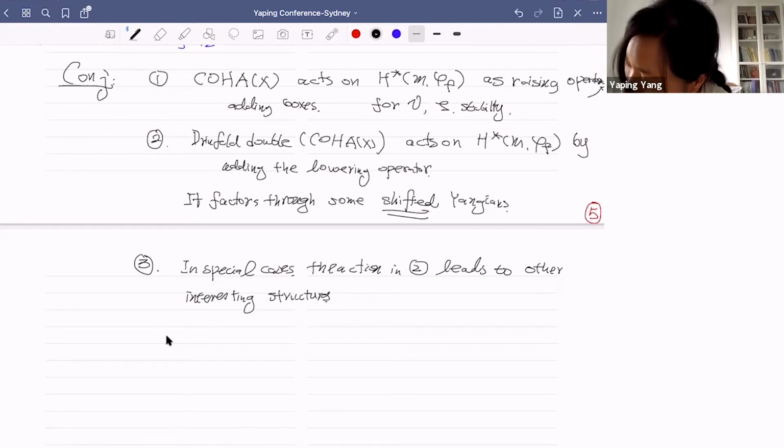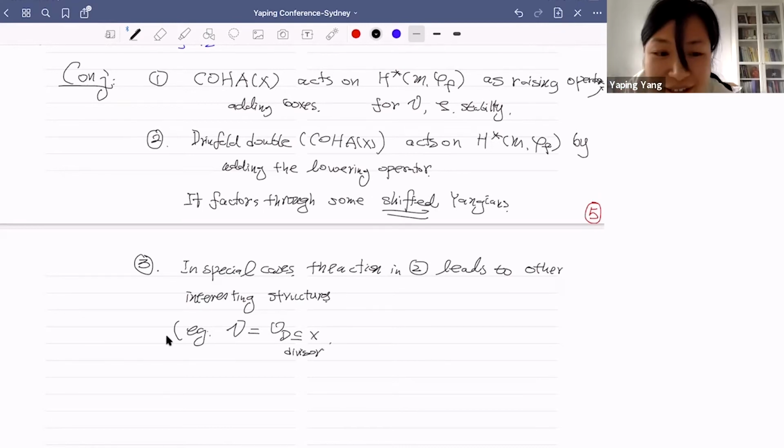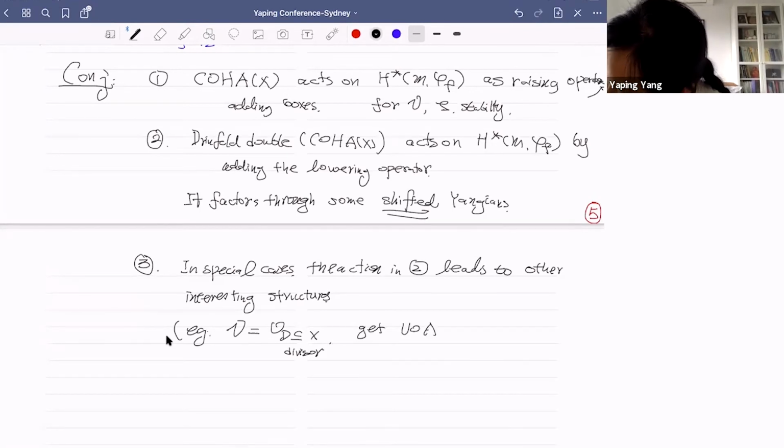For example, if I take my sheaf to be some functions on an effective divisor in X, then we can get a VOA structure, the vertex operator algebra structure, on the cohomology of the moduli space. So this is the famous AGT correspondence from physics.